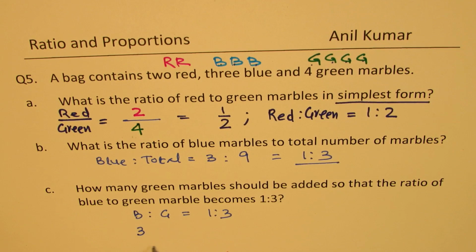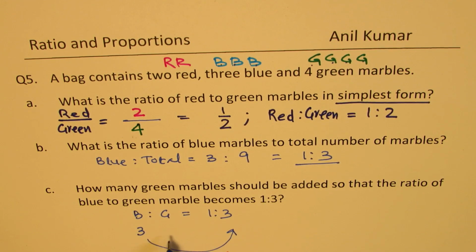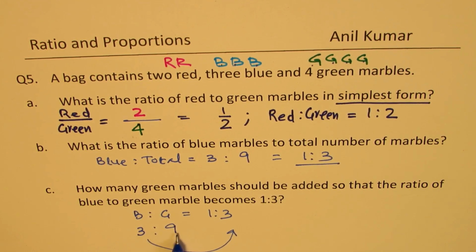But if you want this to be 9, right, times 3, right, 1:3. So that means we want green as what? Well, we want green as 9. So how can we do that? So 1:3 we have to do.